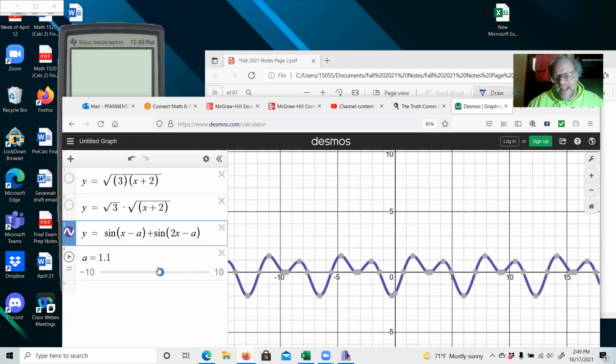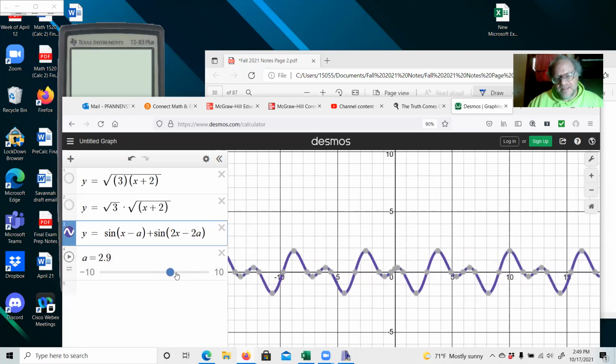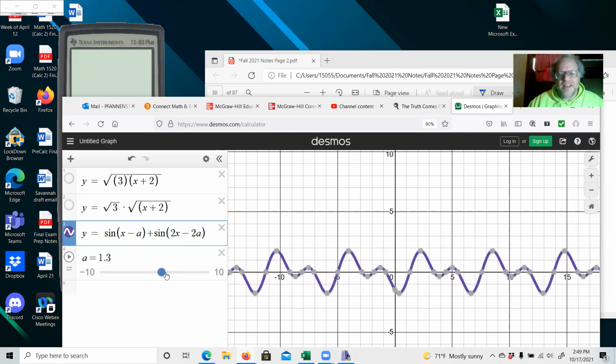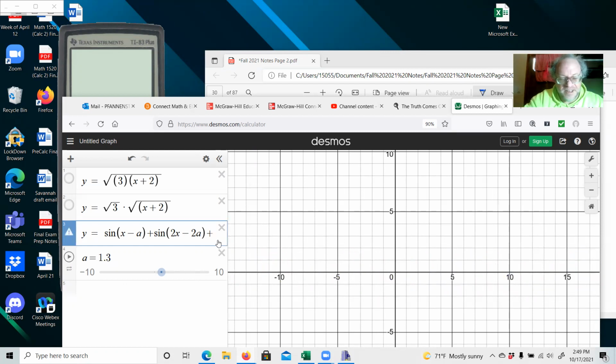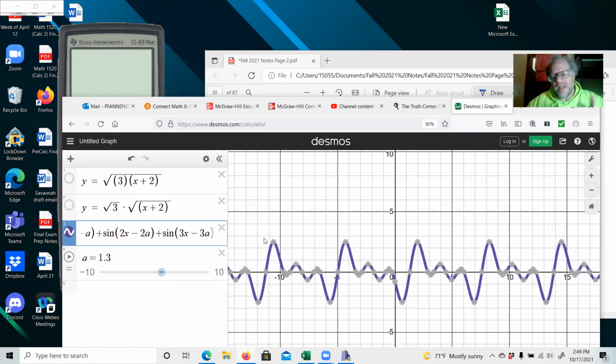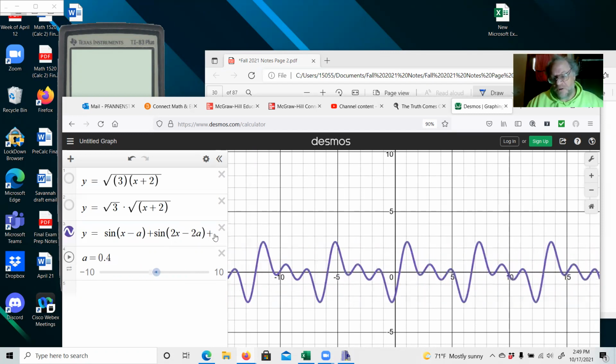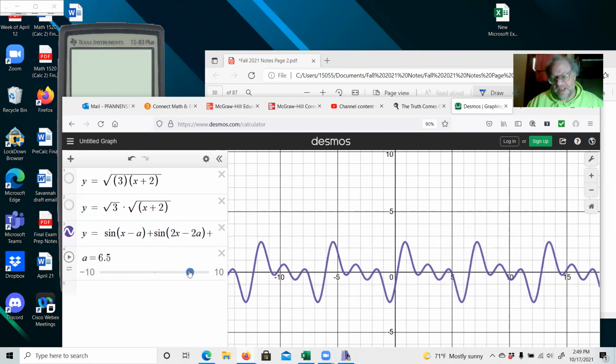Why is it doing that? It's because I didn't put a 2 here. Okay, these are kind of cool, actually. Sine of 3x minus 3a. We built a whole bunch of stuff just on adding more and more frequencies.